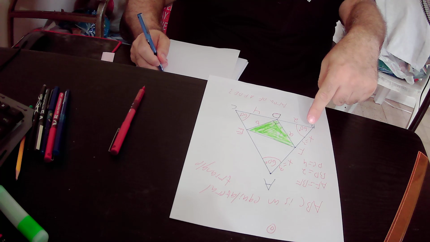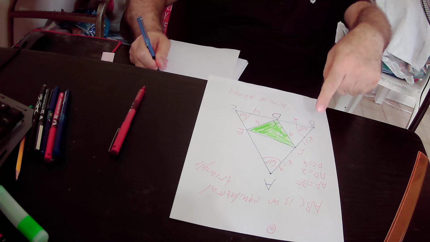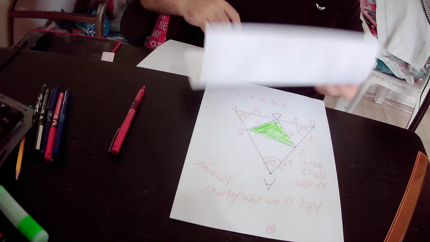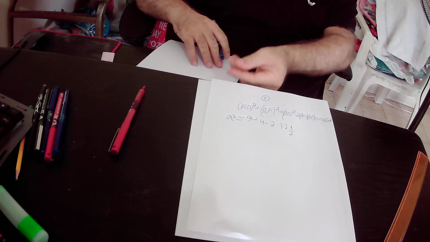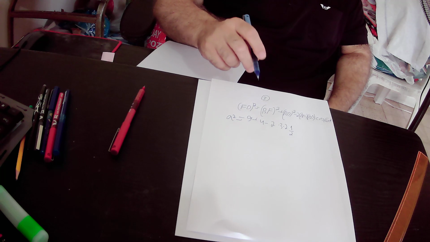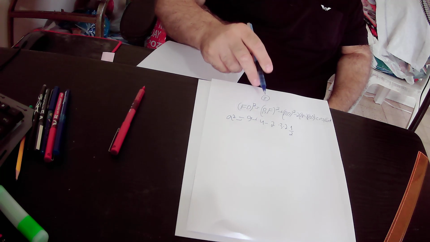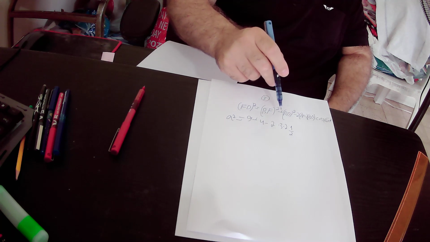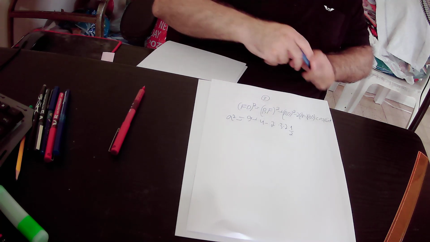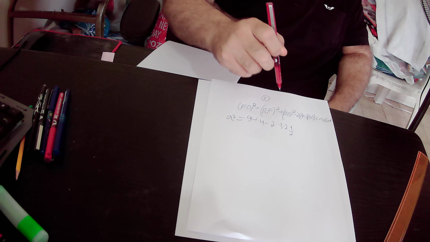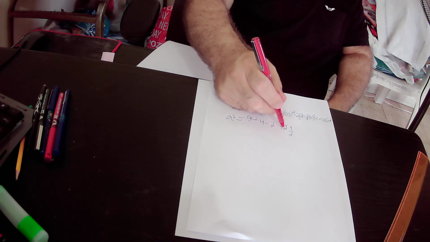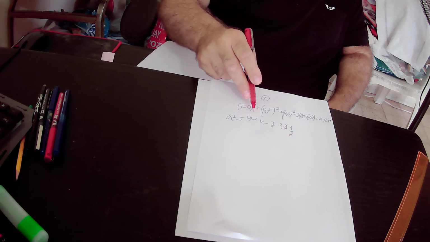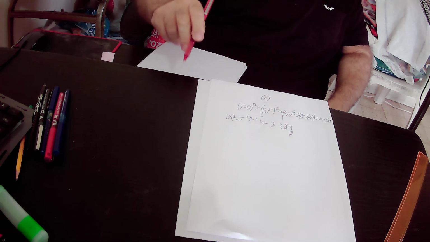Cosine 60 degrees is 1 over 2. So in total we got that A square equals 9 plus 4, which is 13, minus 2 times 3 times 2 over 2. 2 over 2 is 1, so 2 is cancelled. So we have here 13 minus 6, okay?